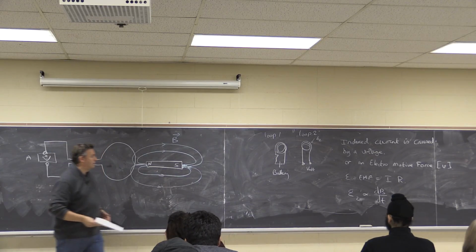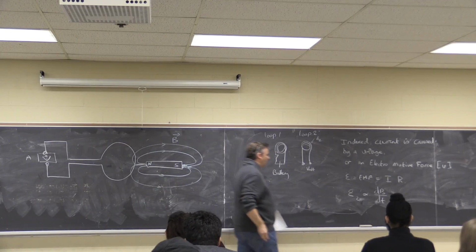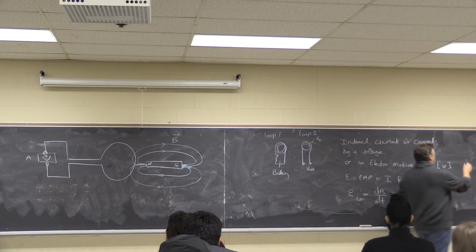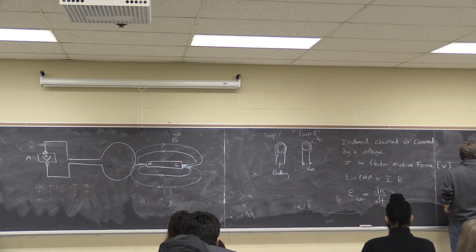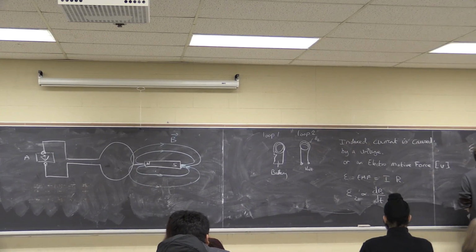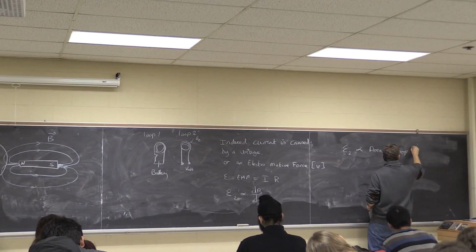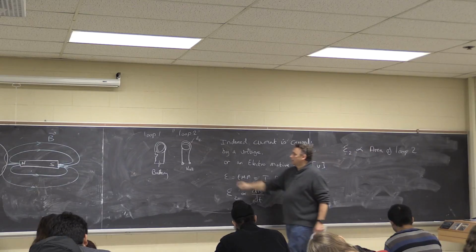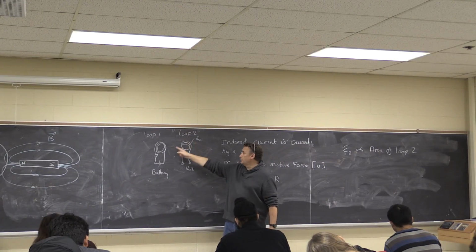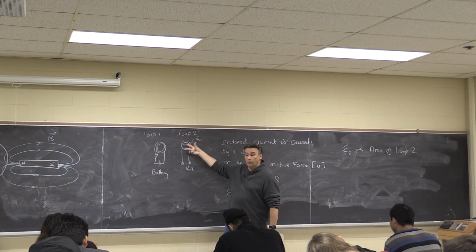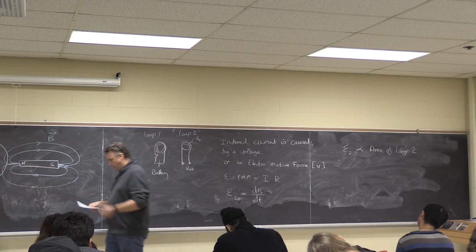So it turns out that the voltage epsilon, the EMF in loop 2, is also proportional to the area of loop 2. So if I make this bigger, and I don't change the other half of the experiment, I get more voltage.